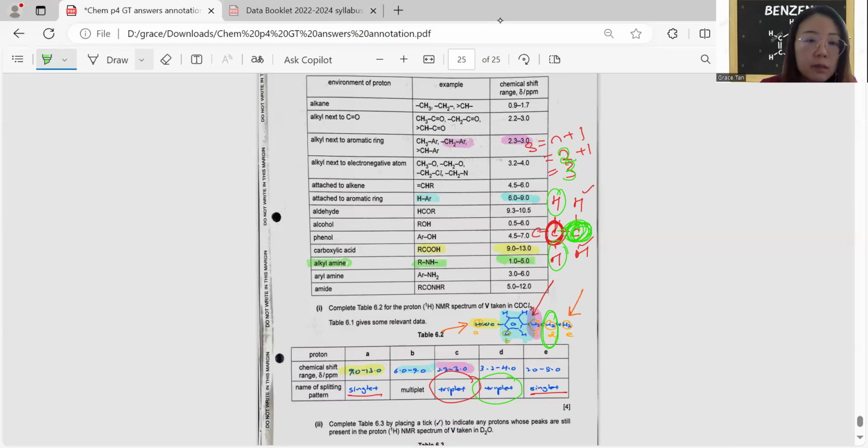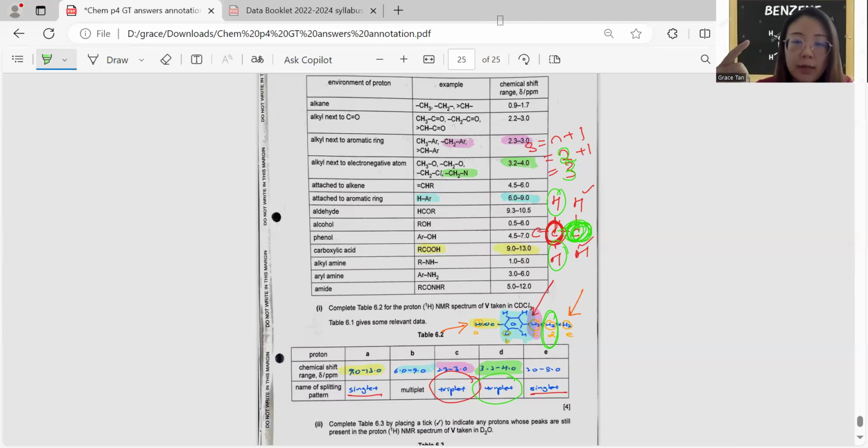Sorry, not this one; it should be the CH2 next to the amine. Let me change. Here, this one. When you look to the right, you're looking at a nitrogen, so that's the CH2N, the green highlighter, 3.2 to 4. You are a CH2 next to an electronegative atom on the right-hand side. If you look to the left, you're looking at a CH2, which is 0.9 to 1.7. So the rule is to pick the higher ppm.